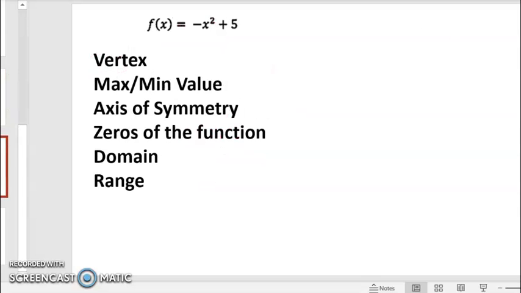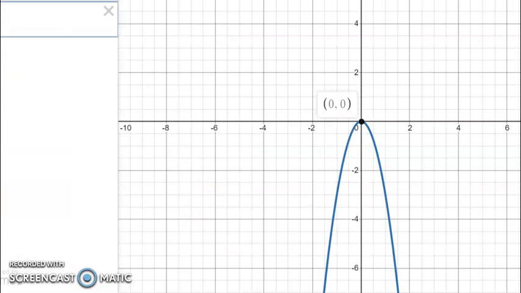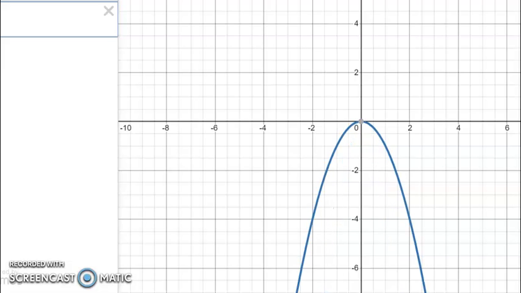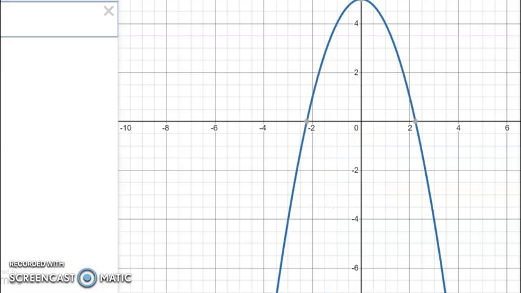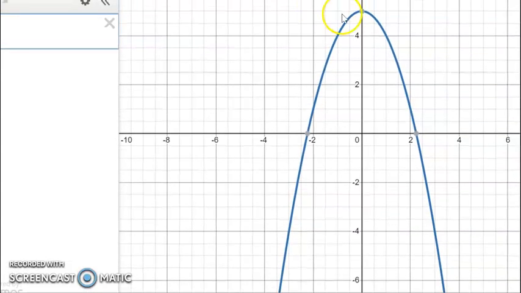So I want to try another one. -x squared plus 5. Let's see how much we can do. -x squared plus 5. This is our graph. See how much we can get through. Our vertex is at 0, 5.